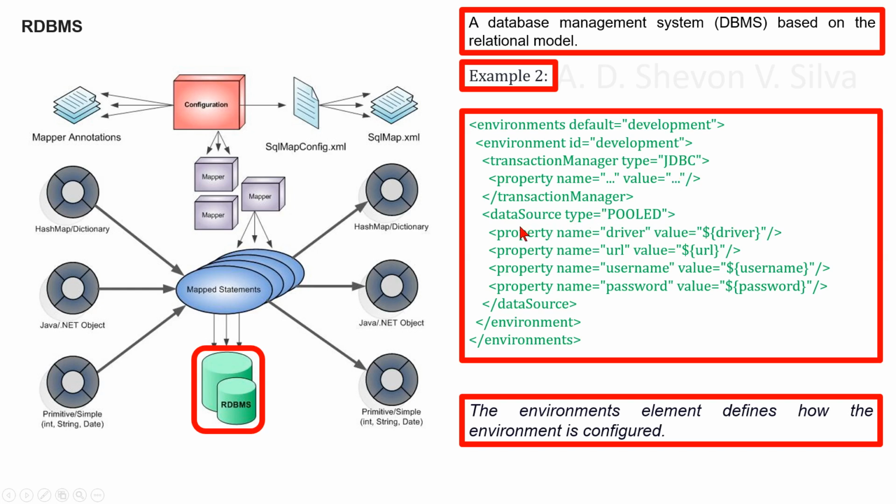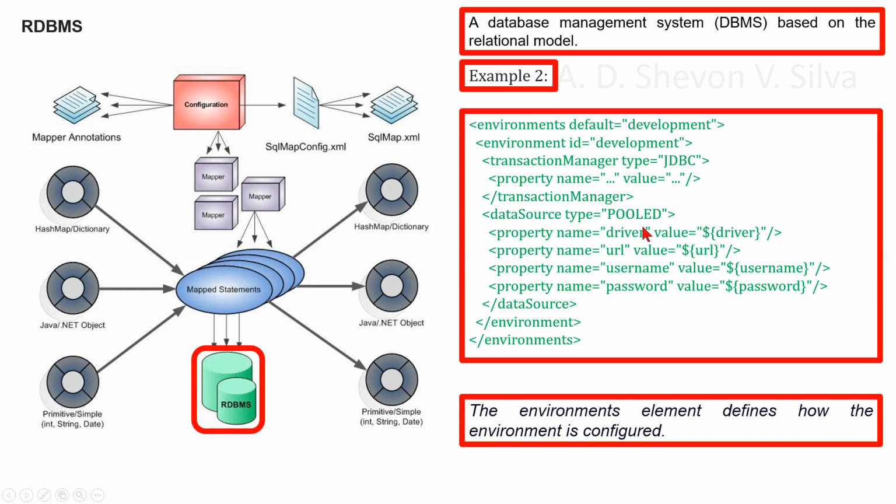Here you can see the data source. The data source element configures the source of JDBC connection objects using the standard JDBC data source interface. Most MyBatis applications will configure the data source as in the example, however, it is not required. There are three built-in data source types: unpooled, pooled, and JNDI.